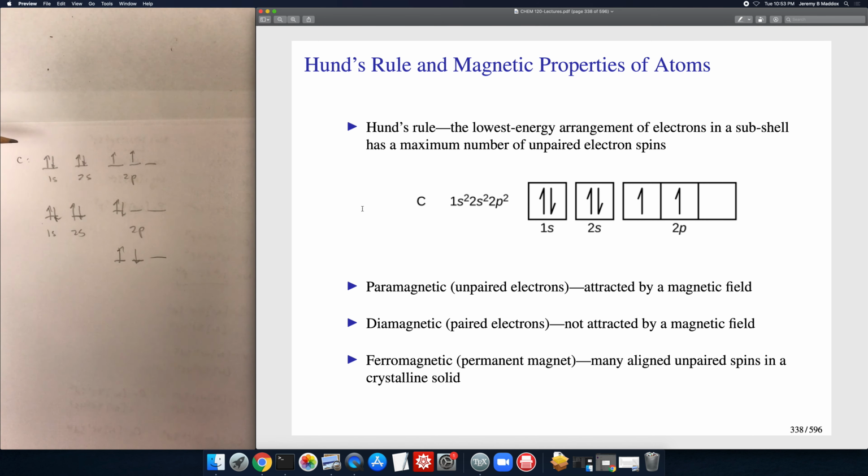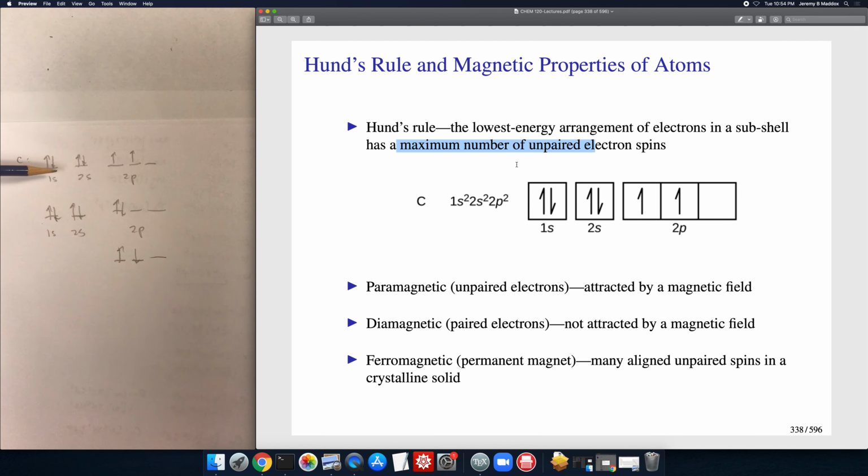Hund's rules tell us what those are. So Hund's rules are basically an analysis of the different experimentally known electronic configurations, boiled down to which states are most stable. And the rule is that the lowest energy arrangement of electrons within a subshell has a maximum number of unpaired electrons.